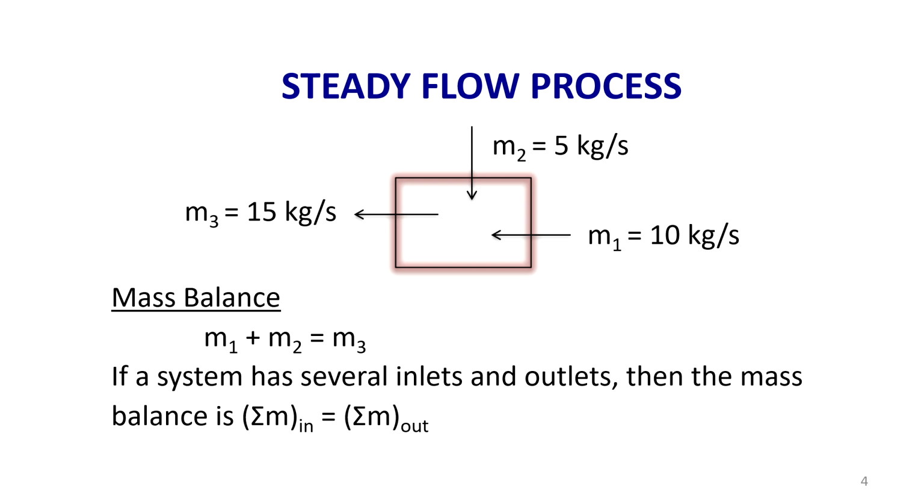Let us take a small example. There is a system with 3 mass quantities. M1, 10 kg, and M2 are entering the system, and this is the one which is leaving the system.